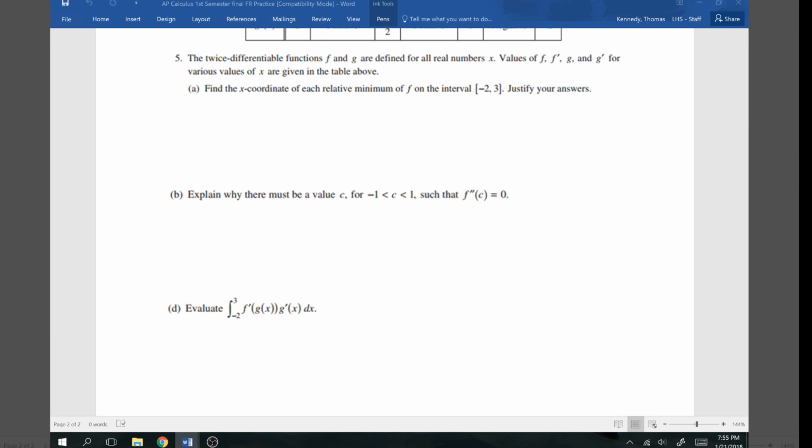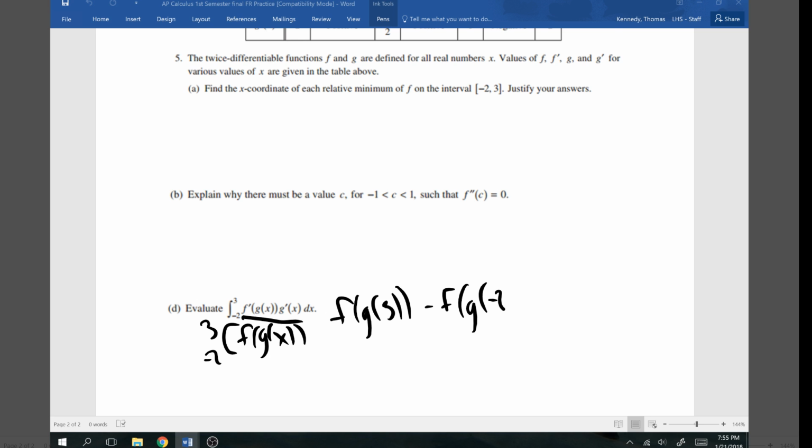All right. So for D, this is literally just exactly the U substitution. If you look at our notes for U substitution, this integral is exactly it. And so this is just f of g of x. We're plugging in -2 and 3. And so we're just getting f of g of 3 minus f of g of -2.